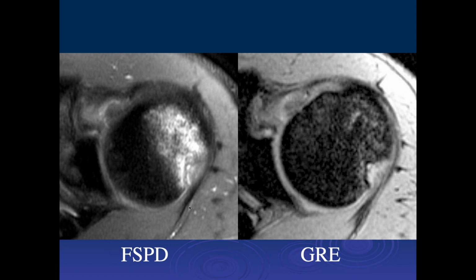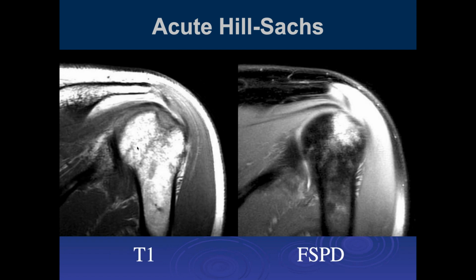They're in the same location. Notice this is the infraspinatus insertion, so the Hill-Sachs typically occur in the same location as the traction injuries. This is also the same location where you get internal impingement that we talked about under impingement. So those are the three things to be concerned about when you see pathology in this location. These typical V-shaped injuries are Hill-Sachs.